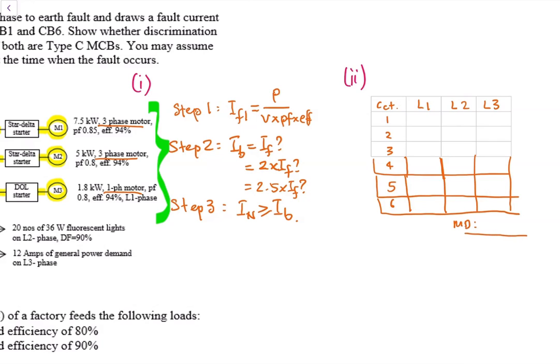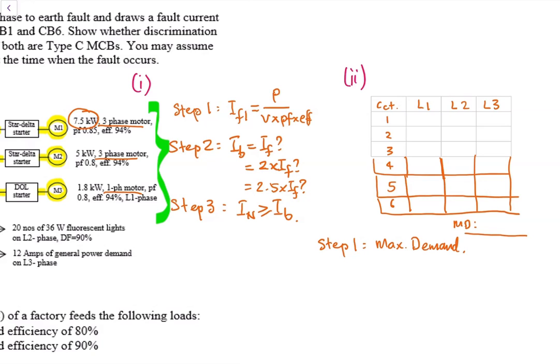The first thing you do is identify which is the largest motor circuit or largest circuit. If you look at these three, this one will naturally be the largest circuit. So to answer part 2, we need to do 2 steps. First step is to do the maximum demand calculation.